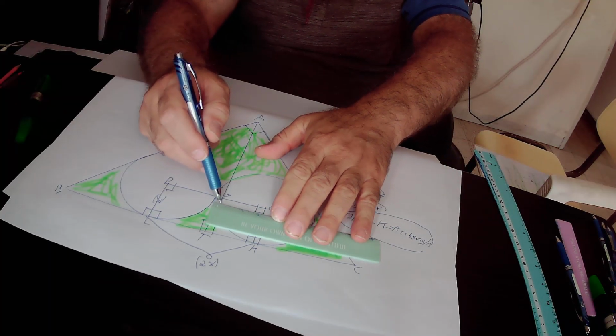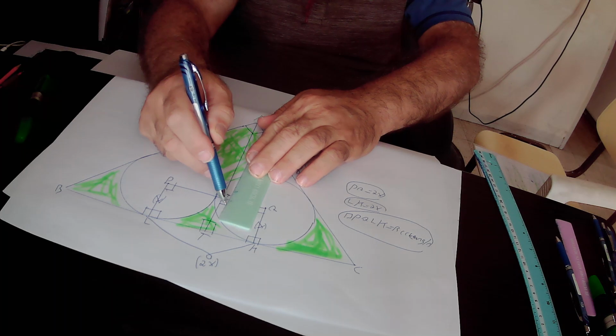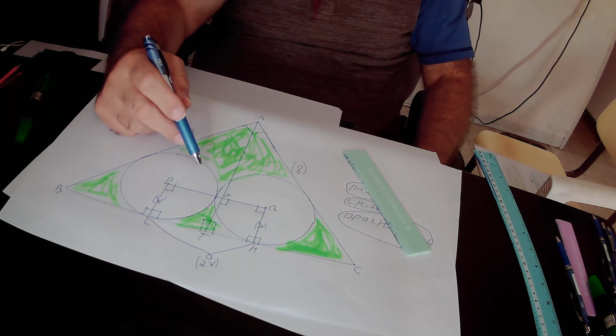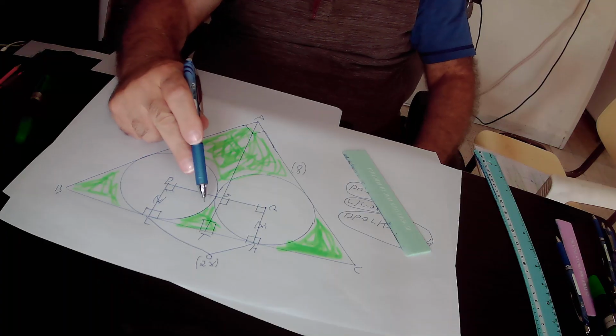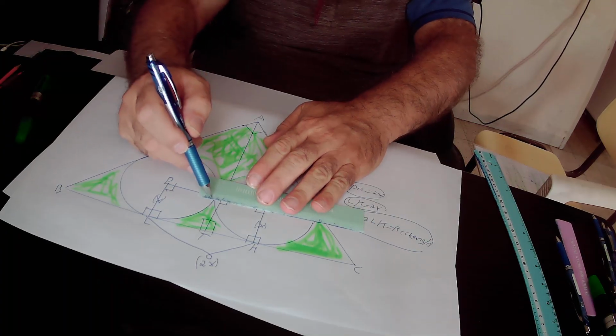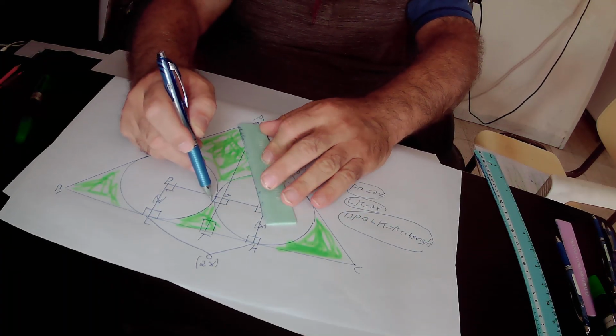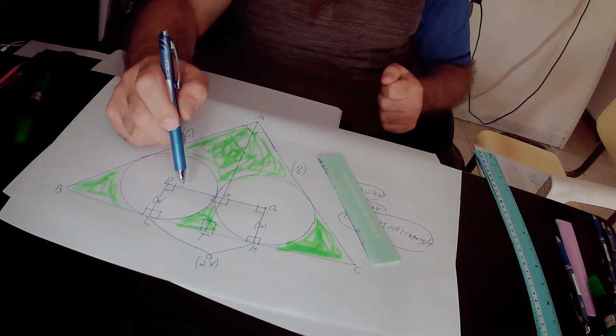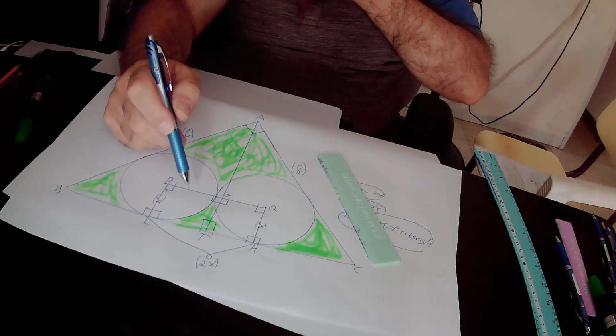Likewise, in this small quadrilateral PJTL, all 4 angles must be equal to 90 degrees. So in both quadrilaterals we have 4 right angles, and therefore they are both rectangles.